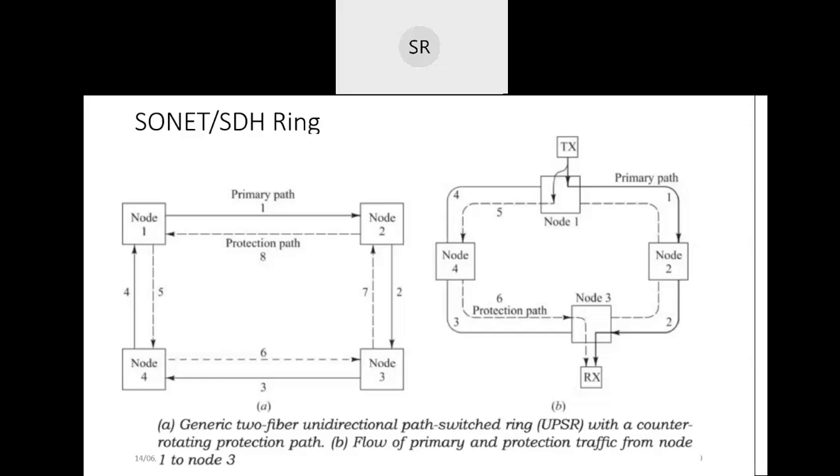That is nothing but a SONET or SDH ring, and a path from one node to another node in that given ring, 1 2 3 4 here, it is nothing but a ring, and here is the path connection, in a unidirectional connectivity or a bidirectional connectivity.